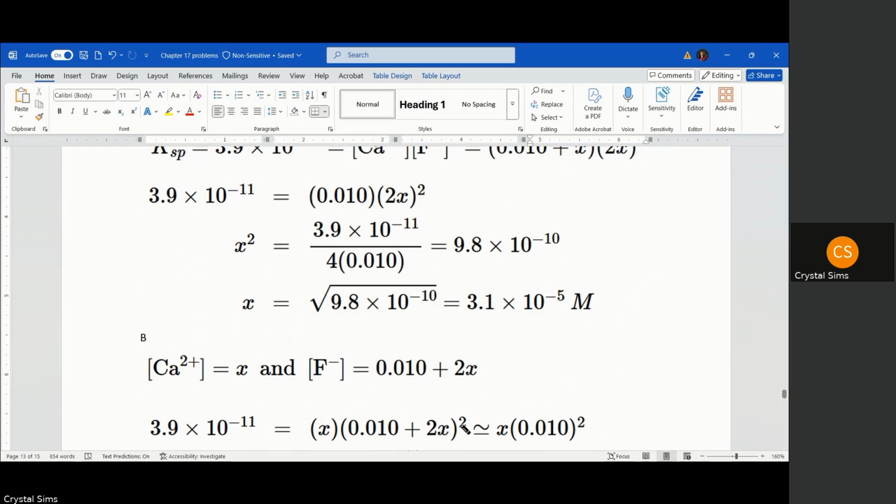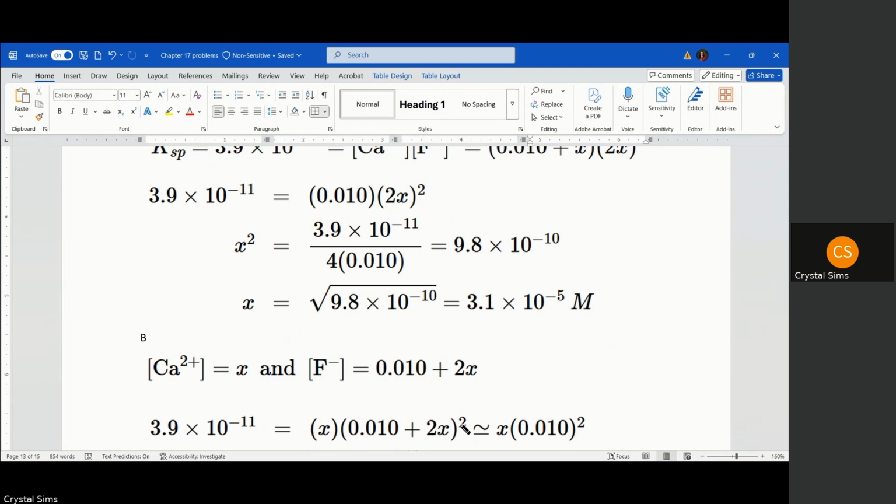So this time we're going to do something a little bit different, as you can see. Assuming that 2X is much smaller than the 0.010, then we're going to get rid of the 2X.